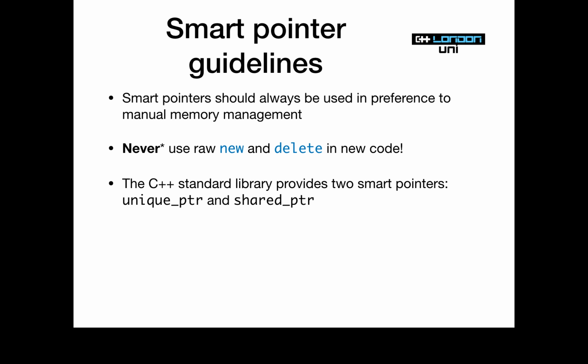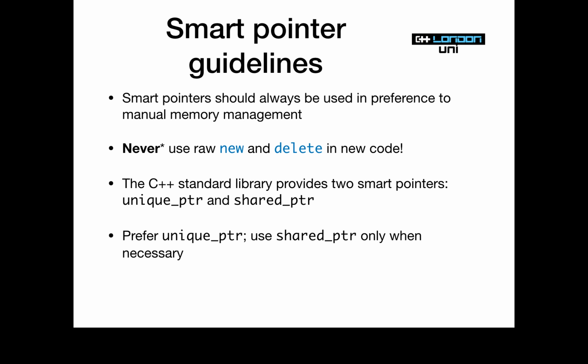So I've talked about unique pointer. The standard library also has a second kind of smart pointer in it called shared pointer. Shared pointer is a reference counted thing. If you use Swift or Python as well in some implementations, they use reference counting for memory management. Objective-C does it a lot as well. So shared pointer uses reference counting. And that can be useful for some things.